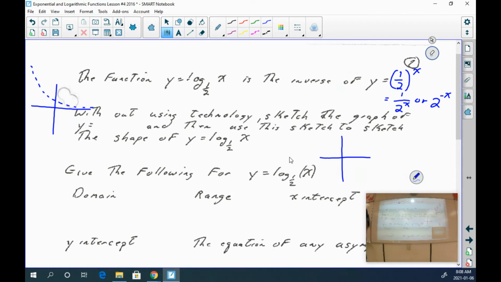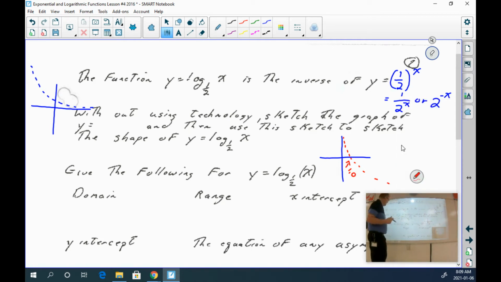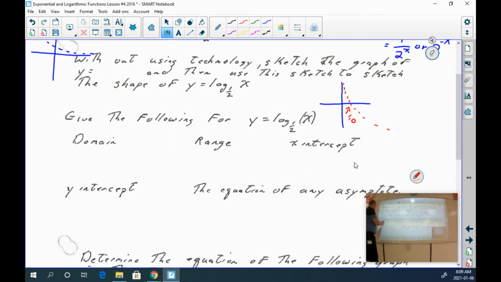What you're going to end up with for the inverse of that is this. But you're still going to cross at (1, 0). The domain is still greater than 0.